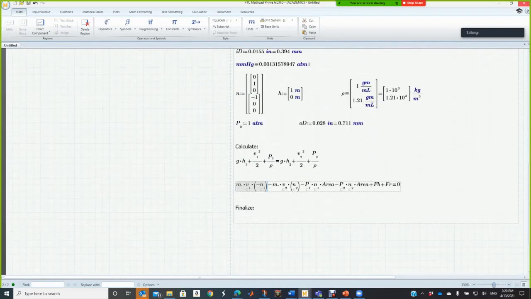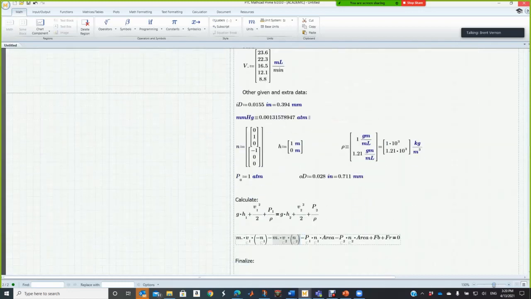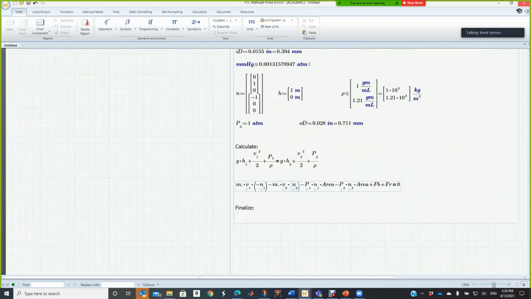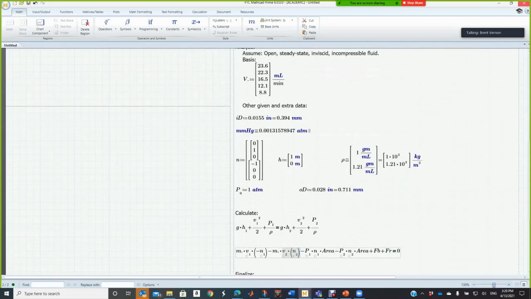And then you have the momentum of the fluid leaving the system at this end, and you can see that N2 and V2 have the same direction. So when you multiply by a positive unit vector times the magnitude of the velocity, that gives you the velocity vector coming out of this tube.